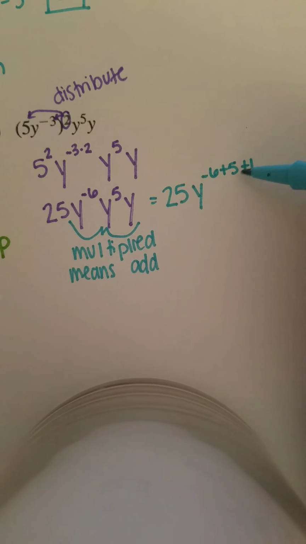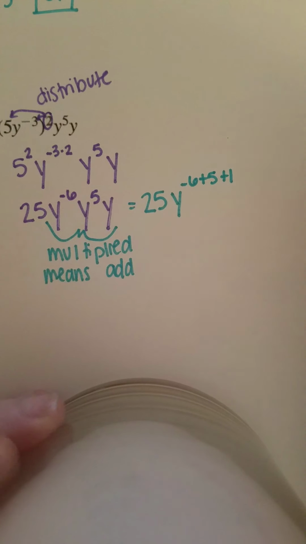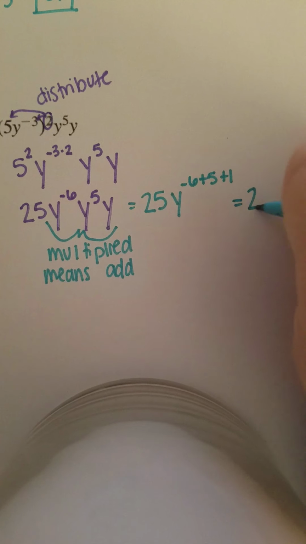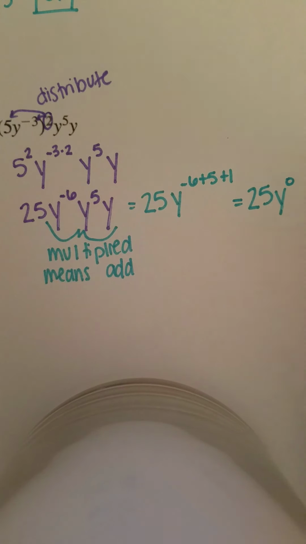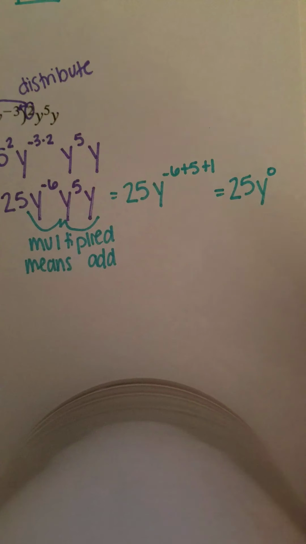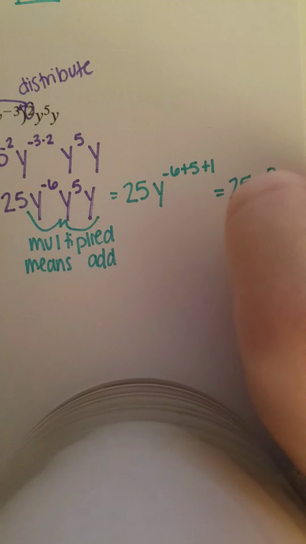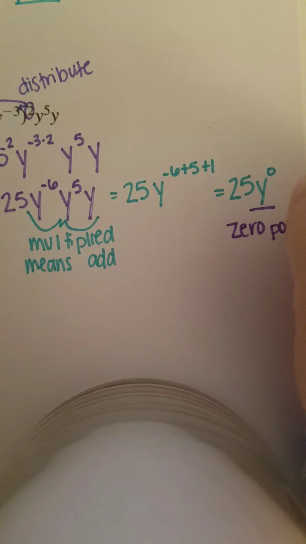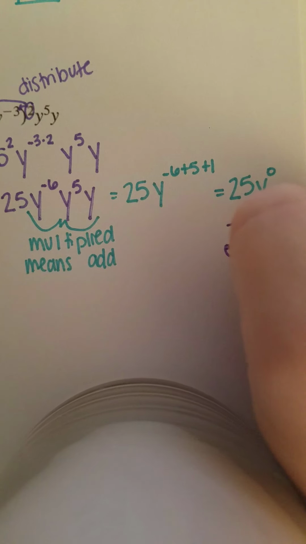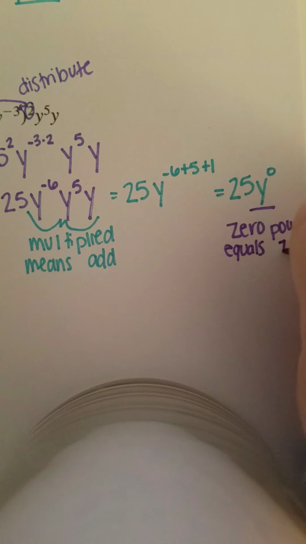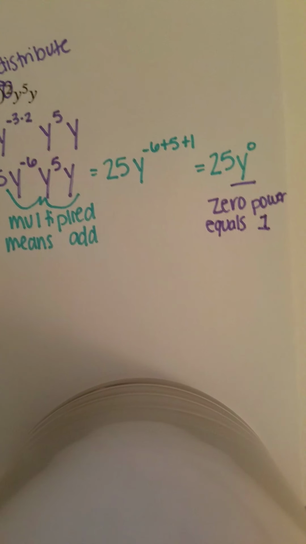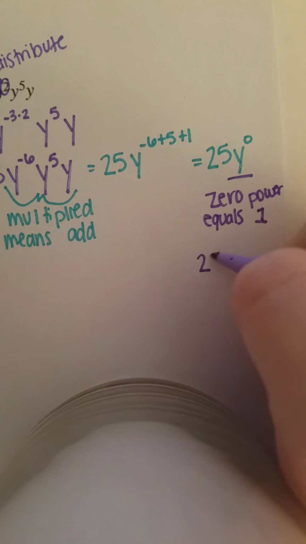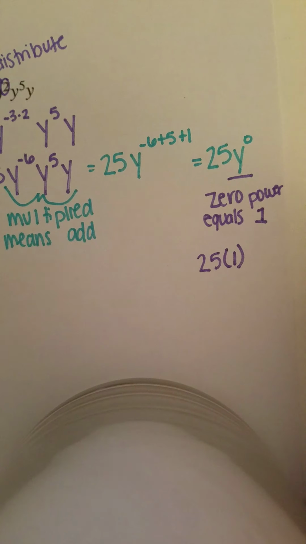And negative 6 plus 5 plus 1 is going to be equal to 25y to the 0 power. And anything to the 0 power equals 1. So this really is 25 times 1, or 25.